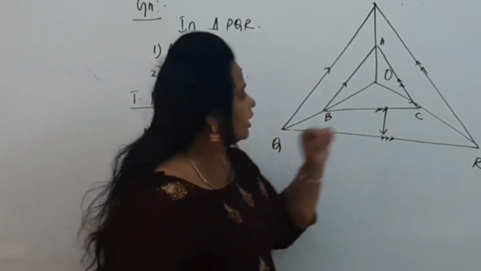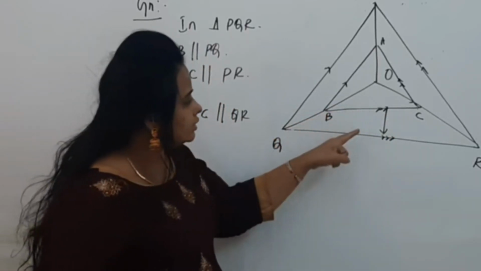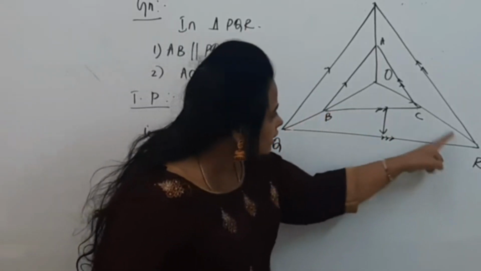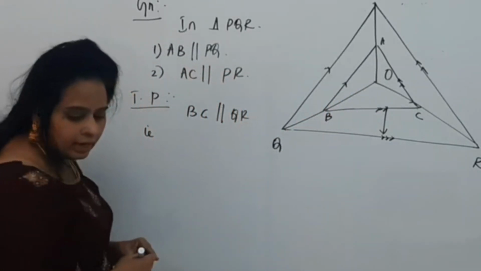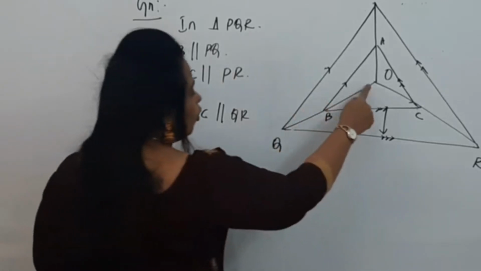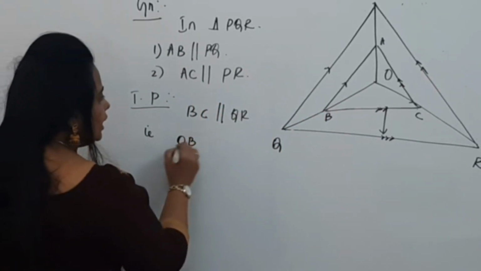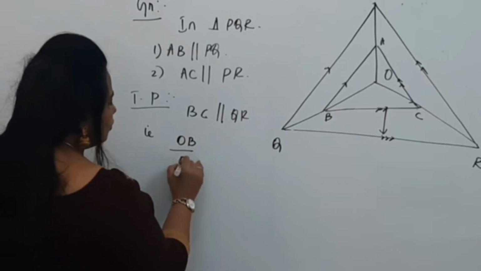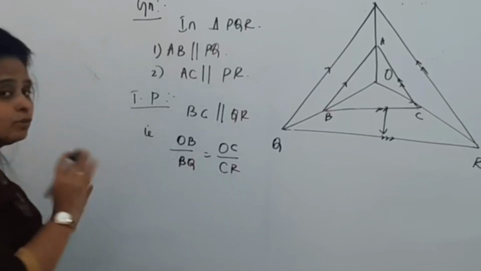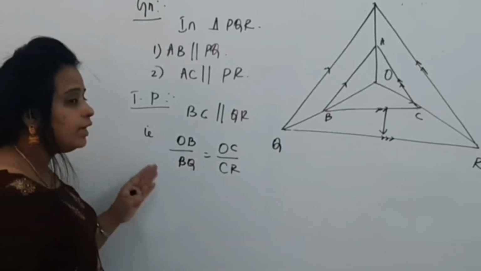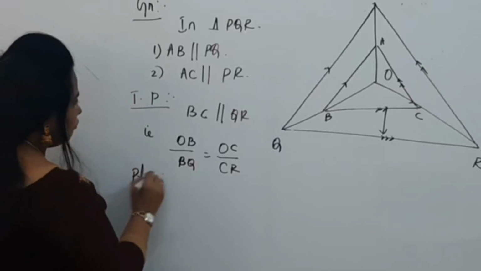So my triangle is OQR. So I have to prove in triangle OQR, OB divided by BQ is equal to OC divided by CR. This is what I have to prove. So first you will write what is to be proved. Now I go for the proof.